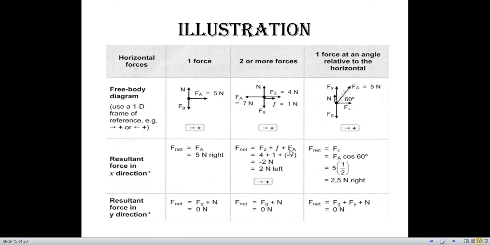And in this case your F net is equal to Fx. Fx is the component on the x-axis, and then you have Fx equals Fa cos of the angle between the surface and the applied force. And then just look at the diagram with understanding when you have time.